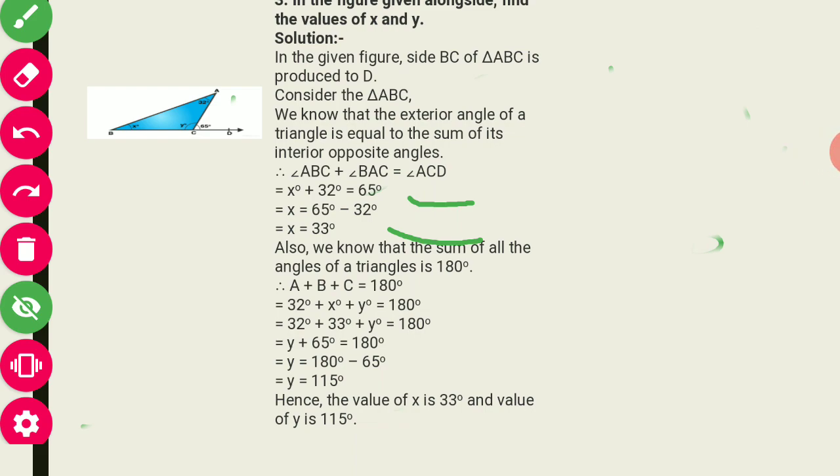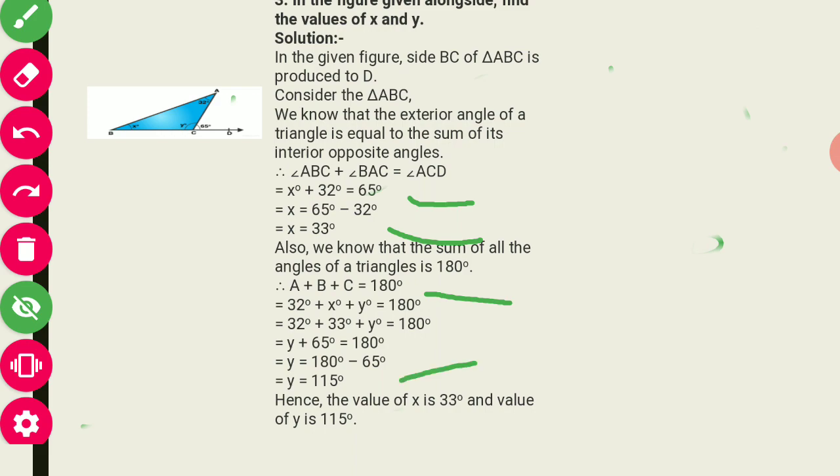Now you have to calculate the value of angle y also. As you know, by angle sum property, angle A plus angle B plus angle C will be equal to 180 degrees. Now you know two angles. Angle A is 32 degrees, and you have calculated angle B equal to 33. Put those in and find the sum of these both, and then subtract the sum from 180 degrees.